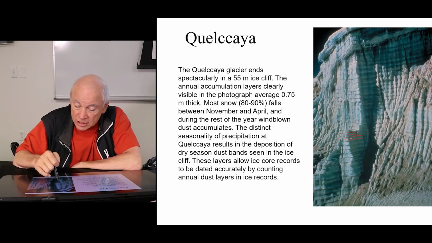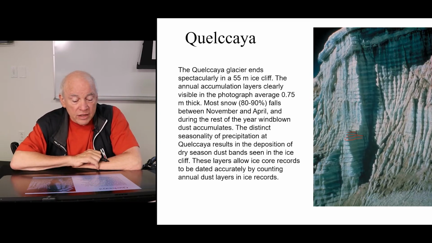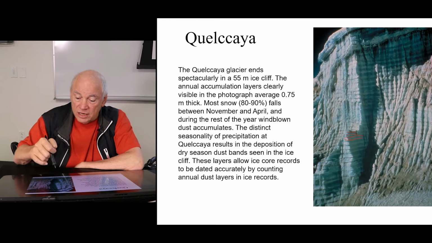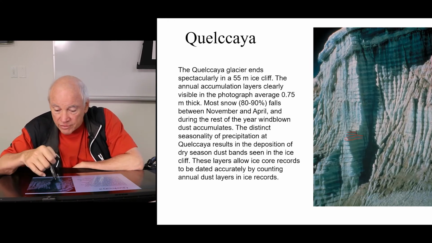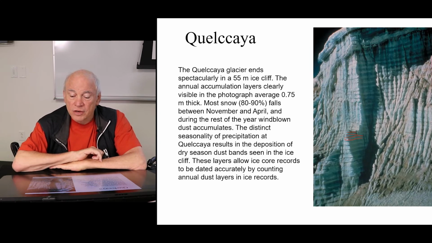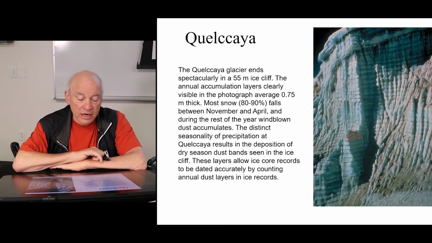That's what the ice layer is. And in the rest of the year, wind-blown dust accumulates, and that's the dust layer. So basically, you're counting years here, right? We're not going to count them here, but you can count backwards in time and get a very good age when this layer was deposited. And so you can accurately date when particular parts of the ice core accumulated.